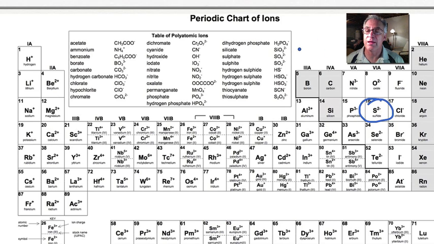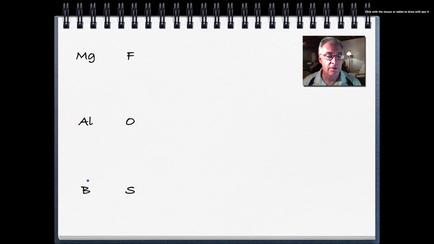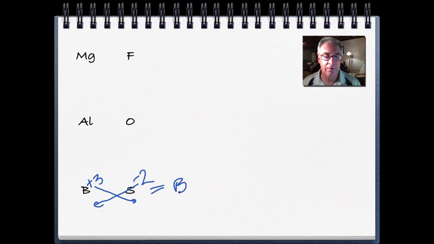So we have a +3 and a -2. So we're going to crisscross them like this. So you get boron, subscript 2, and sulfur, subscript 3. And we get boron.